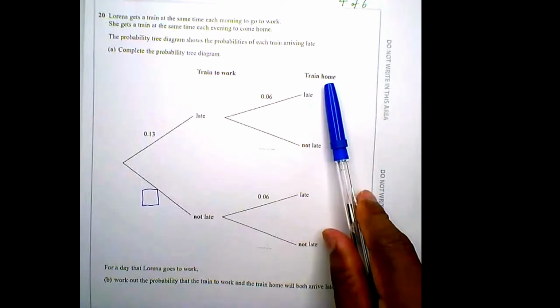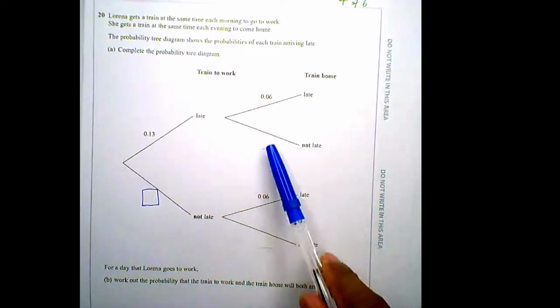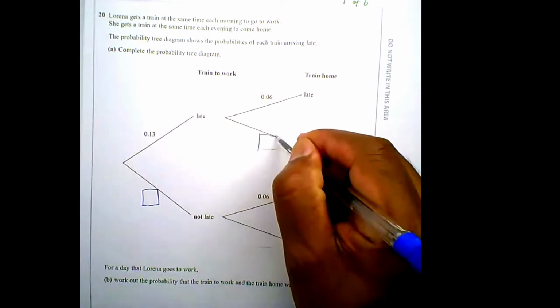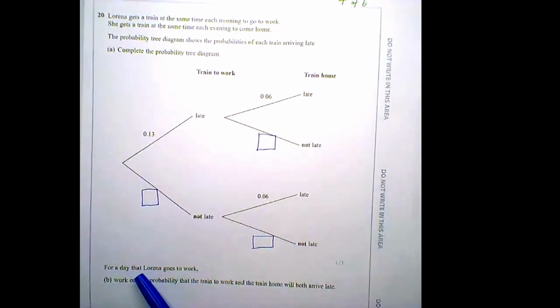Train home. So the first one was train to work, now it's train home. Late, not late. I've got information here, but no information there. And similarly here. And then for a day that Lorena goes to work, work out the probability that the train to work and the train home will both arrive late.